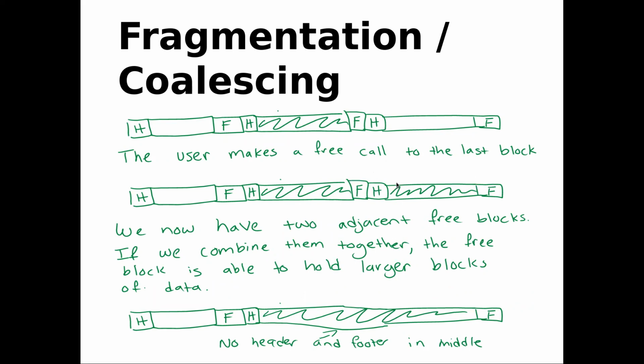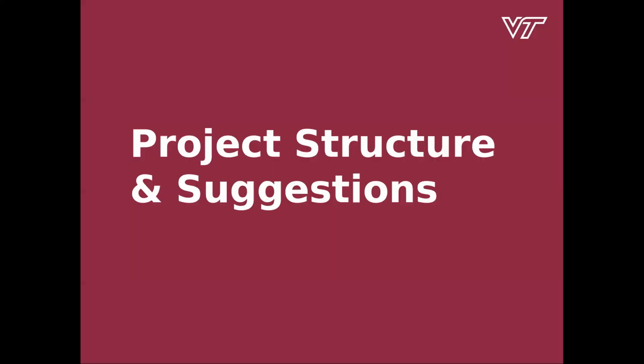So instead of 2 free blocks, we can have 1 free block if we detect that they're right next to each other. And essentially, notice that the footer here and the header here disappear, and then we have a whole free block, like so. Again, these are all strategies discussed in lecture as well, in the first memory lecture. So be sure to take a look at that if you're confused about these strategies.